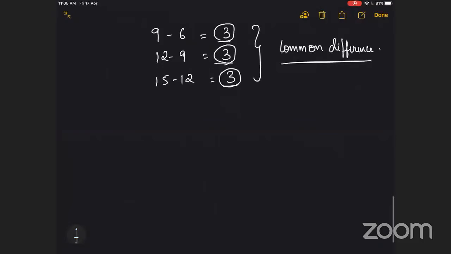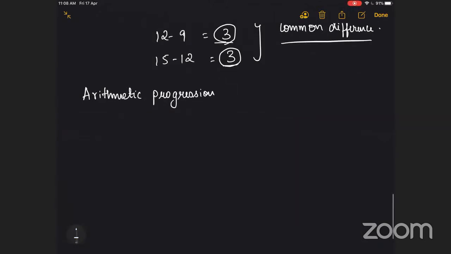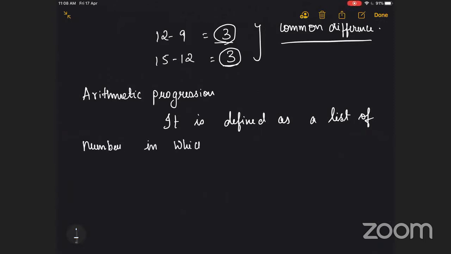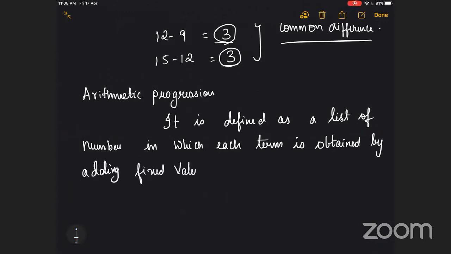So in terms of definition, arithmetic progression can be defined as a list of numbers in which each term is obtained by adding a fixed value to the preceding term, except for the first term.